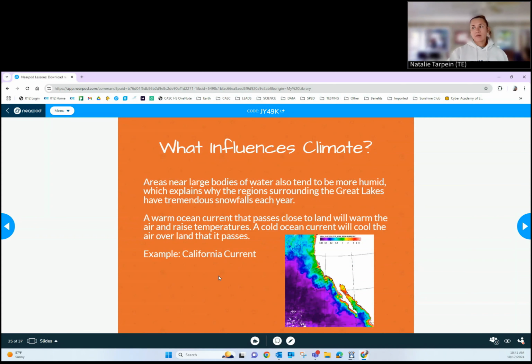We didn't talk about the Pacific Ocean as much, but there is the California current that goes in the opposite direction, pulling cooler water down the coast of California, Mexico, eventually, and it actually influences the air to be a little bit cooler in California. I think that's why the temperatures are nice there. It doesn't get so hot, and that's a lot of it due to that current.